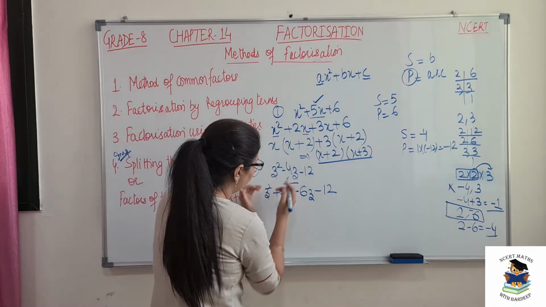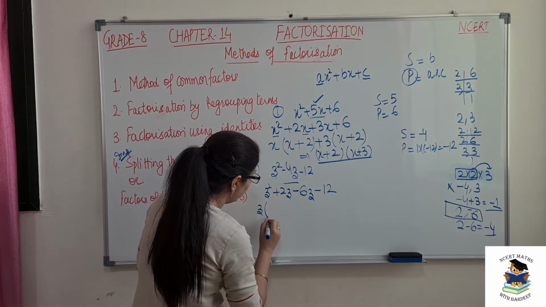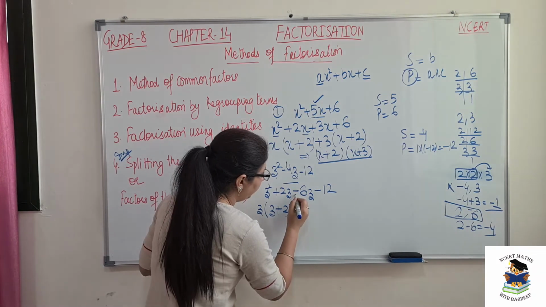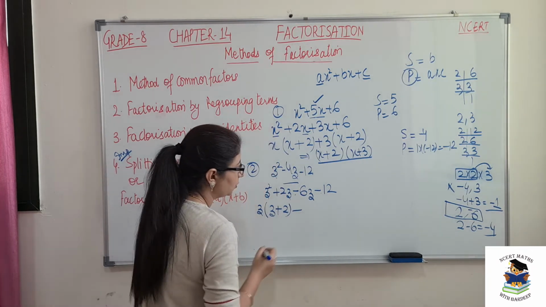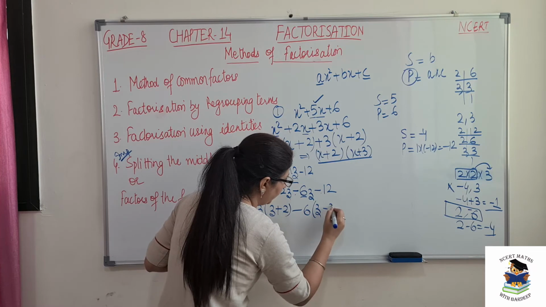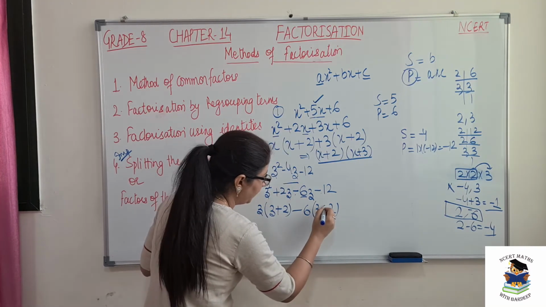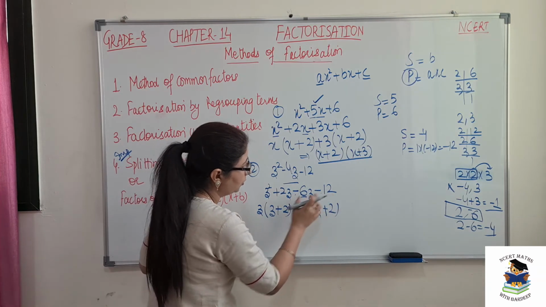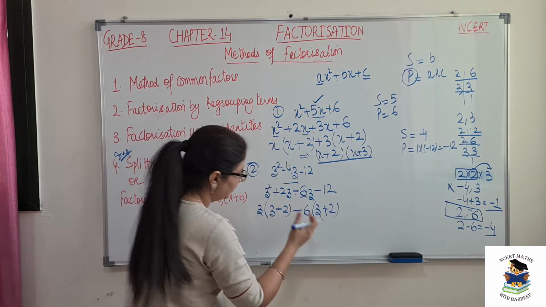So first I will regroup these two. So z is out, inside it will be z plus 2. Here, minus minus, so minus is common. 6 is also common. Inside it is z minus 2. Not minus, it will be plus, because we have taken minus outside, so the sign of each term will be changed.